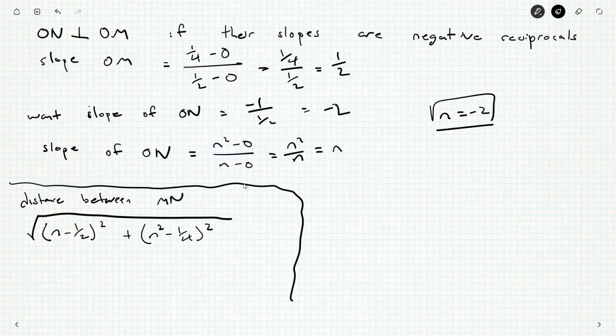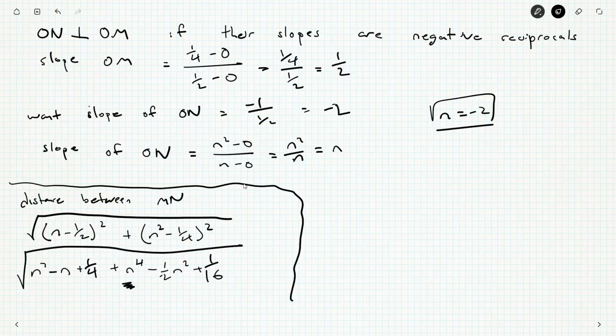You can already see this is not going to be the most pleasant thing. Square root, so we'll have n squared minus n plus 1/4 plus n to the 4th minus 2 times that, so a half n squared plus 1/16. Now, fortunately, when you do the Pythagorean triangle stuff, this distance will get squared, so the square root sign will go away.